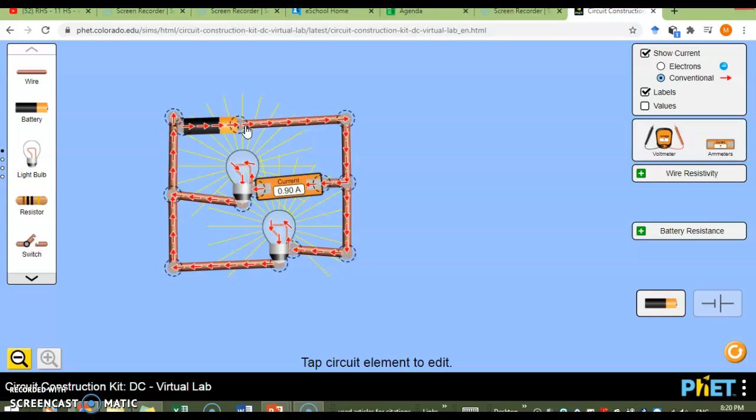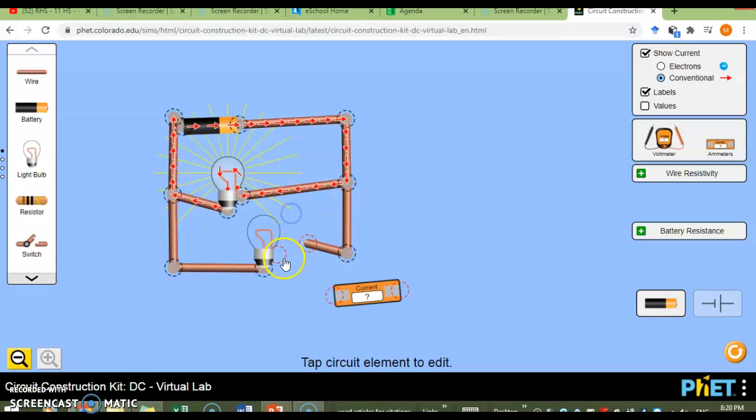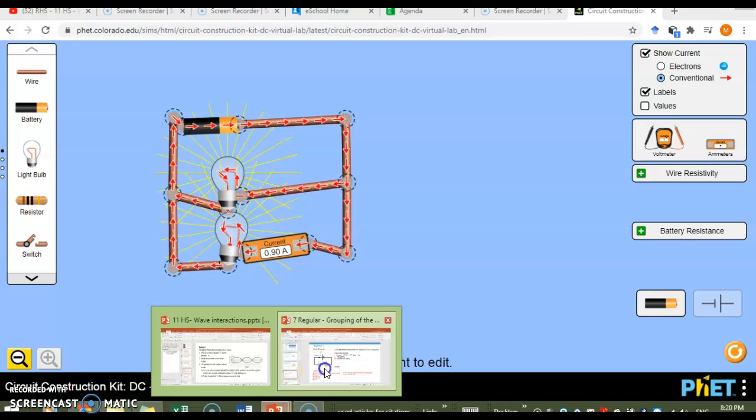I1 passing through the first lamp is 0.9 ampere. Now connecting the ammeter in series with the other lamp, it's 0.9 ampere. So I main is 1.8, I1 0.9 and I2 0.9. This means that I main equals I1 plus I2. So in parallel grouping, the current is additive.